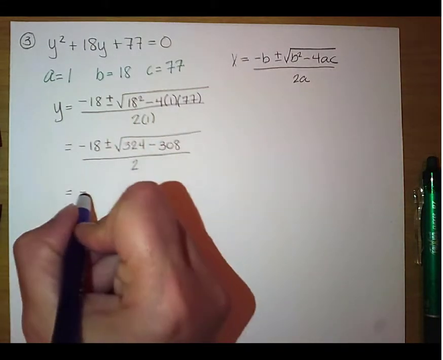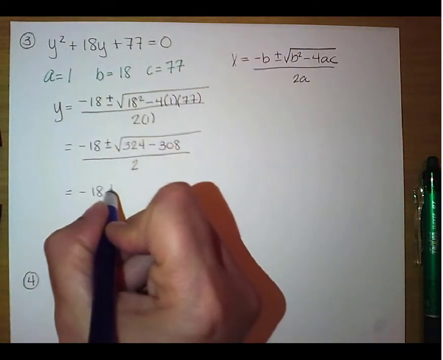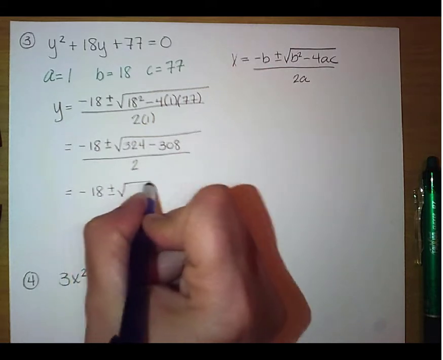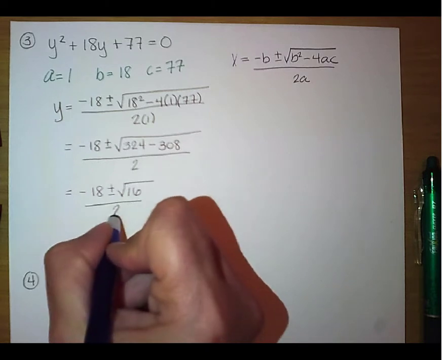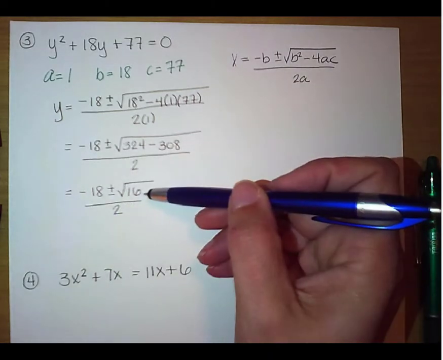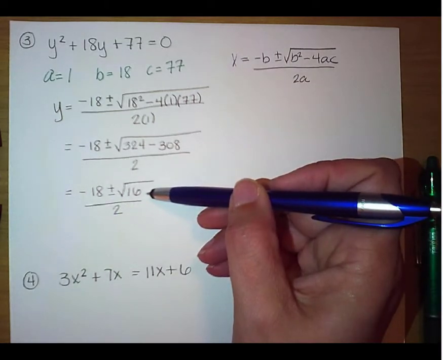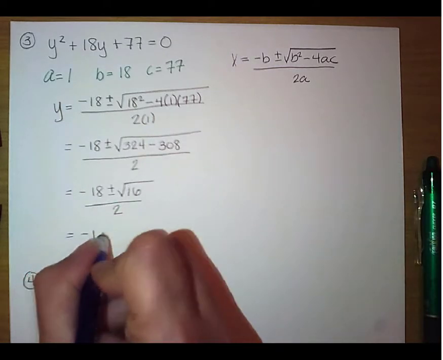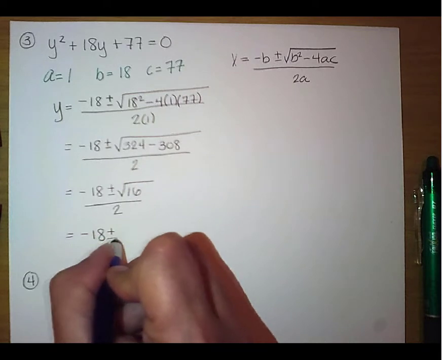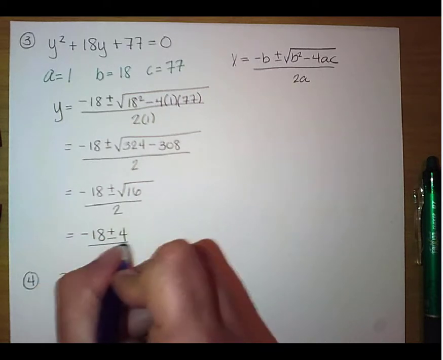So this is going to be negative 18 plus or minus the square root of 16 over 2. Just like our first one, the square root of 16 is a perfect square, so we can take that and say that this is negative 18 plus or minus 4 over 2.